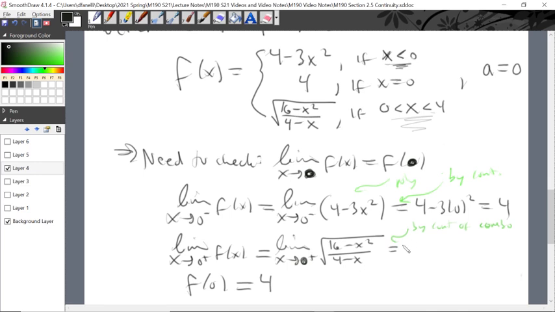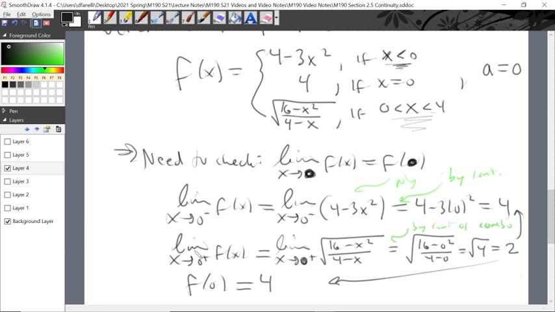We can plug in the 0 then, right? So we get the square root of 16 minus 0 squared over 4 minus 0. That equals the square root of 4. But the square root of 4 is equal to 2. And 2 is not equal to 4. So we have that the limit overall does not exist.